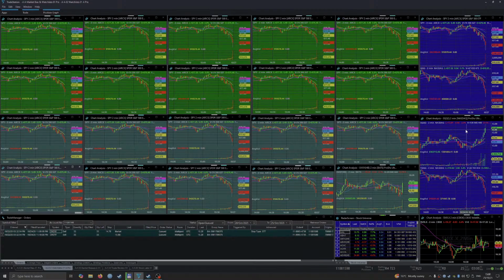And then I have the SQQQ and the TQQQ. This is like the Qs but divided by like 100 or so. Not exactly like that, but whereas now the stocks on the Qs are like $600 plus each, these are like $13 each. And this is the opposite of the Qs.